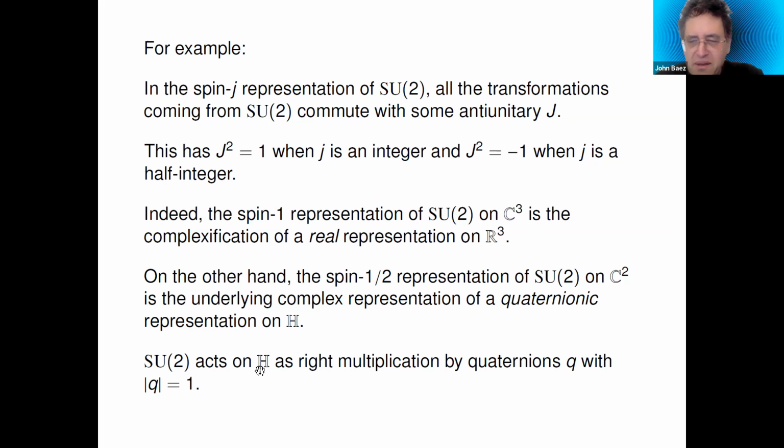But to get things to work out, it has to be acting as multiplication on one side, and then the way that you make your quaternionic Hilbert space into a module, the quaternions have to act on the other side so that SU2 actually commutes with the quaternions. So luckily there are two sides on which it can multiply a quaternion, so it all works out.